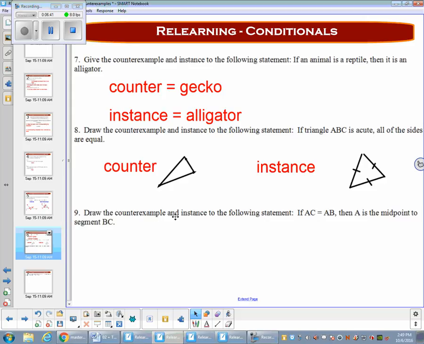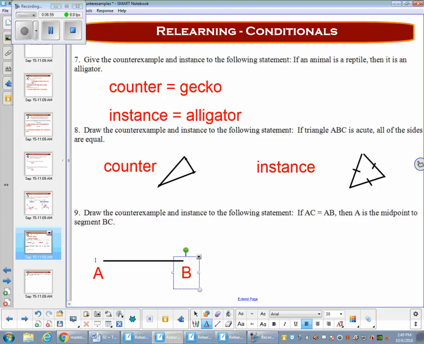Lastly, draw a counterexample and an instance of the following statement. If AC is equal to AB, then A is the midpoint. Now, we'd have to have B and C, and A would have to be somewhere in the middle.